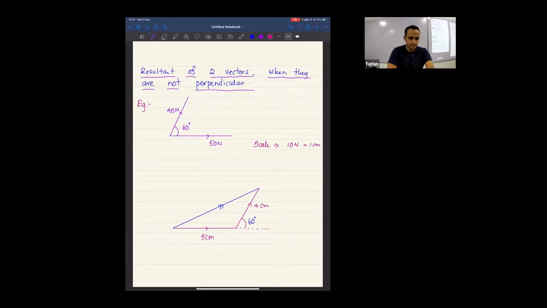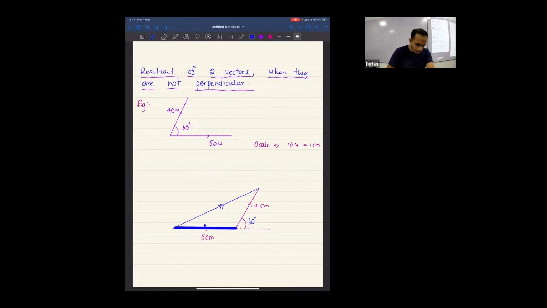I repeat, guys, listen. The question is this. There are two forces, 50 newtons and 40 newtons, and the angle between them is 60 degrees. I want you to find the resultant of these two vectors. First you decide on a scale. I have taken a scale of 10 newtons representing 1 centimeter. 50 newtons will be represented by 5 centimeters, so you draw a line of 5 centimeters.